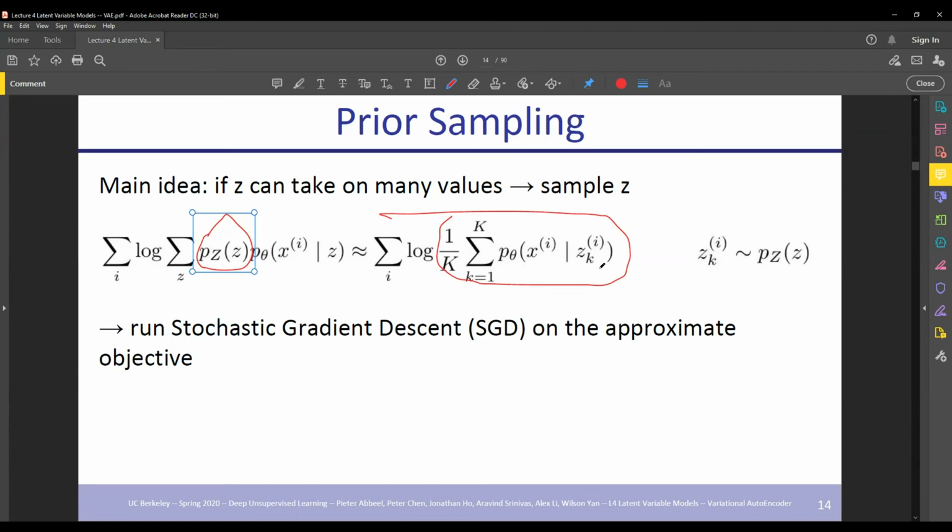But that's what we do here: we sample from the distribution, approximate it, and then push each of them through the neural network to get the result. So for every xi, we'll sample capital K Z's and then run the stochastic gradient descent.